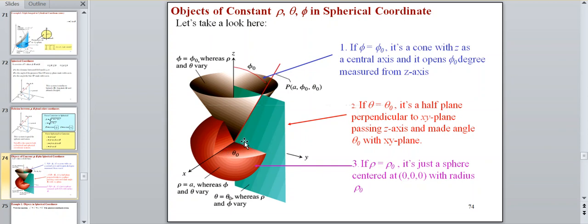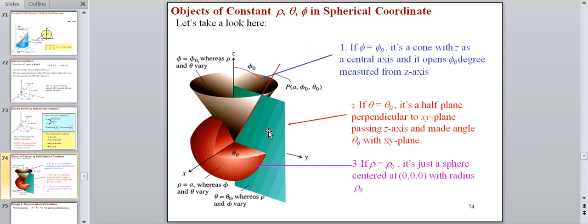But the equation is independent from rho, so rho can take any value. And apart from that, the equation is independent from phi, so phi can take any value from 0 to pi. So what do you see? You will see a half plane actually, a half plane here in green color.